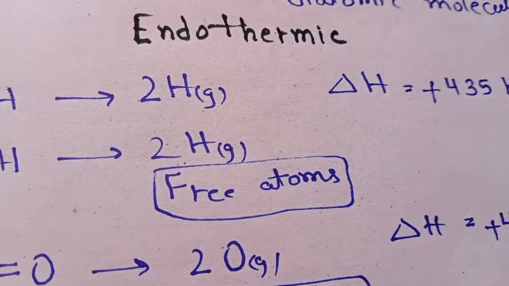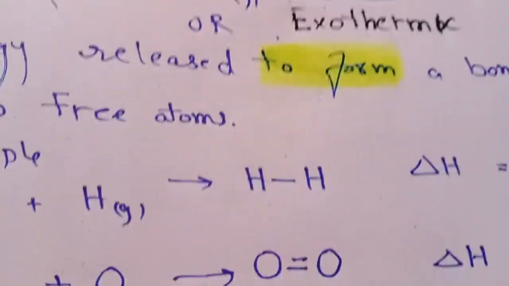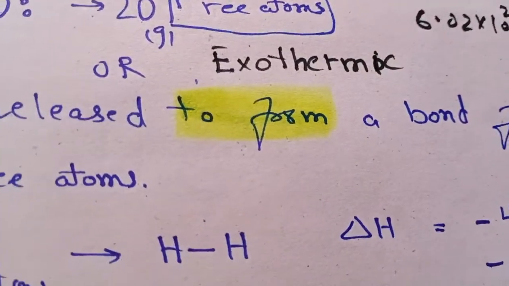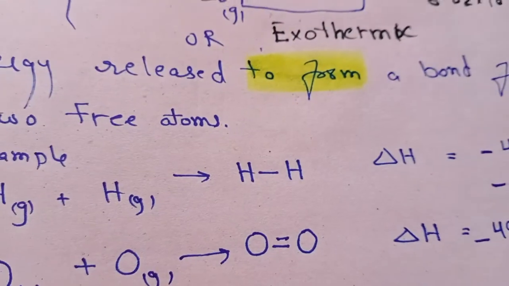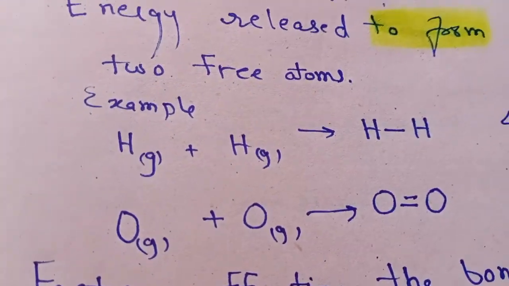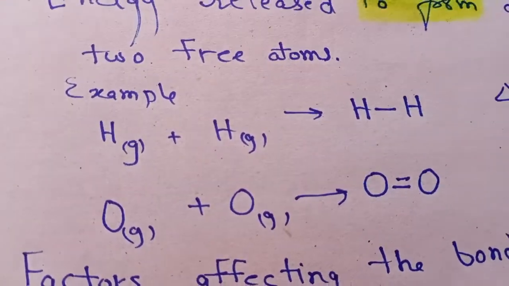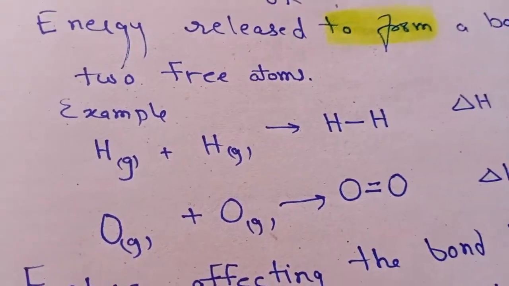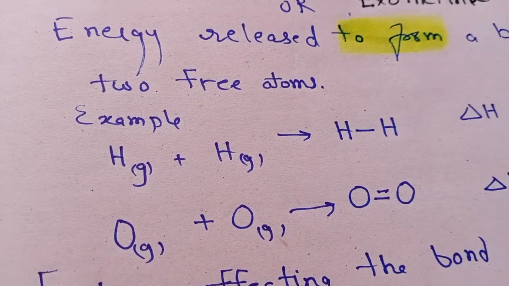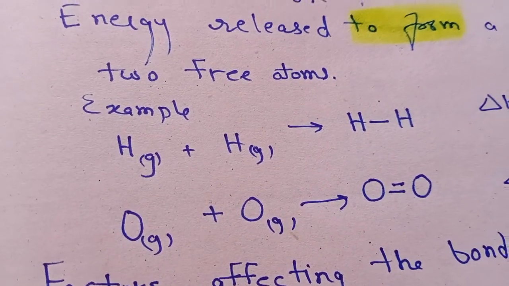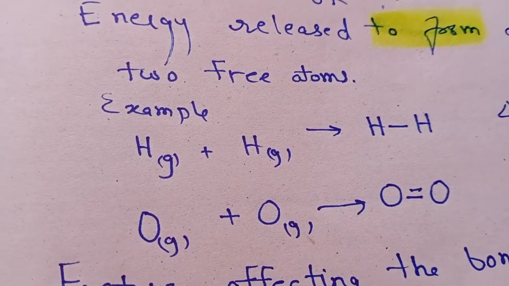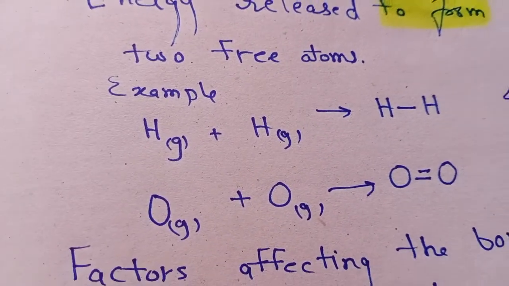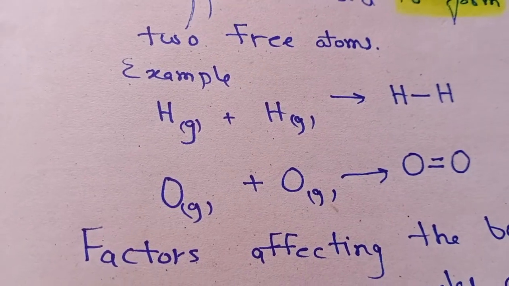In breaking, the sign is positive and the process is endothermic, and for the formation of a bond the sign is negative and the process is exothermic. Now it is clear that bond energy is the amount of energy which is required or released, endothermic or exothermic, whenever we break or form 1 mole of a bond between two atoms.